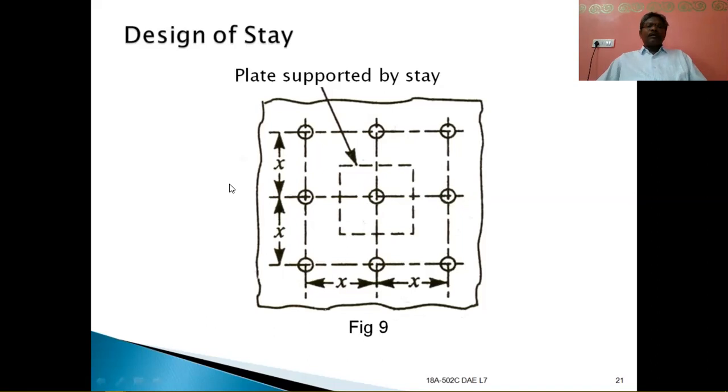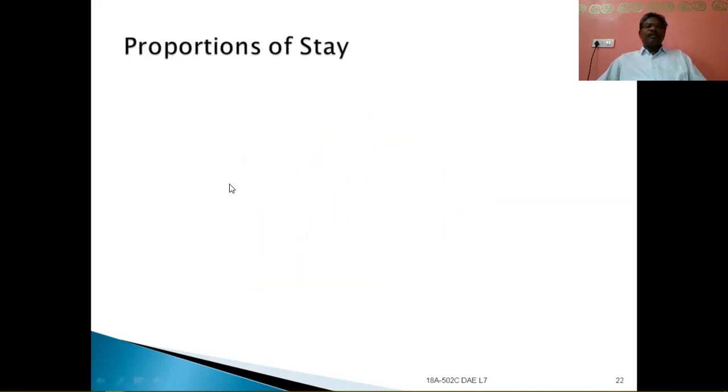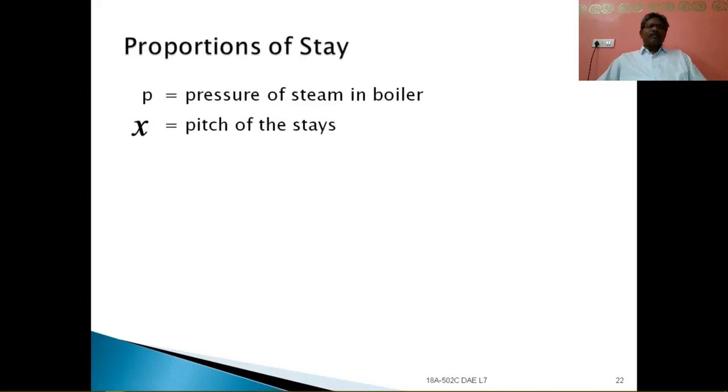So, friends, let us see the proportions of the stay. Design procedure: P is the pressure of steam in the boiler. X is the pitch of the stays, as we have seen in the figure itself.